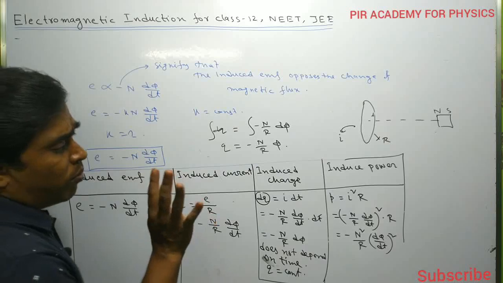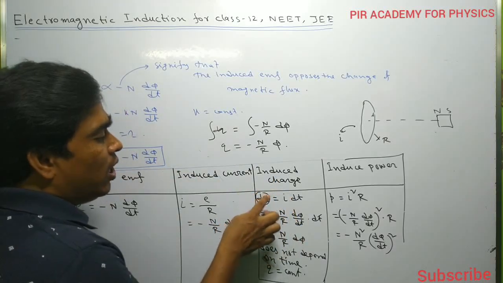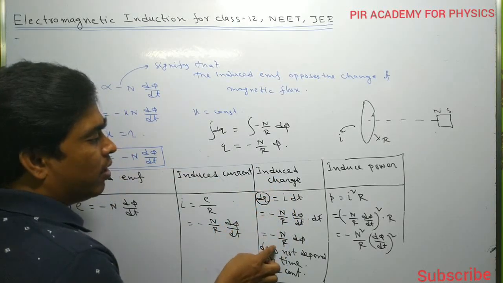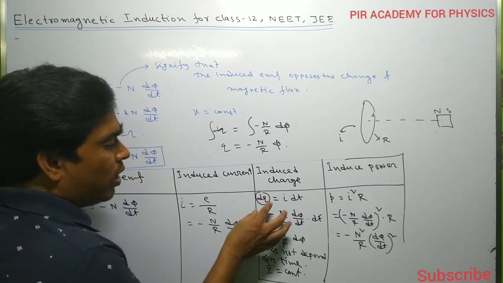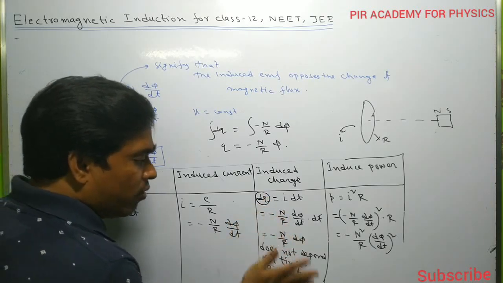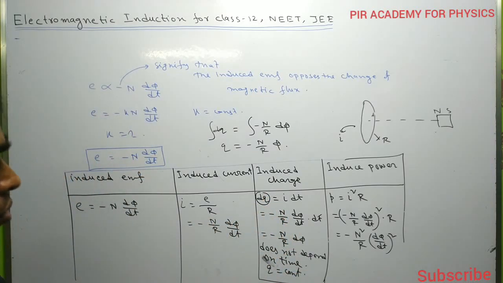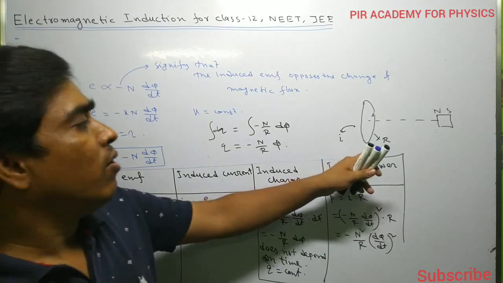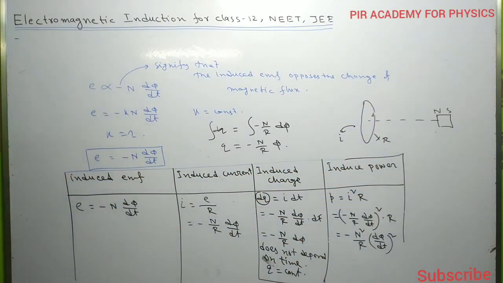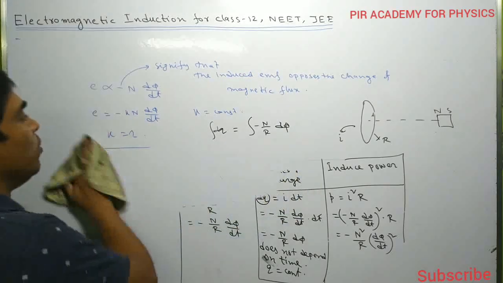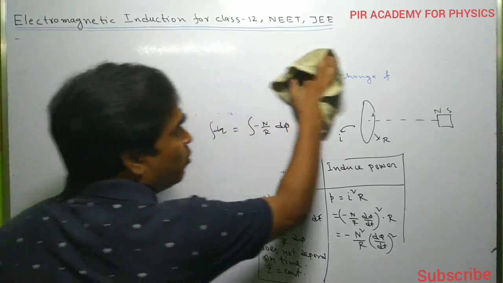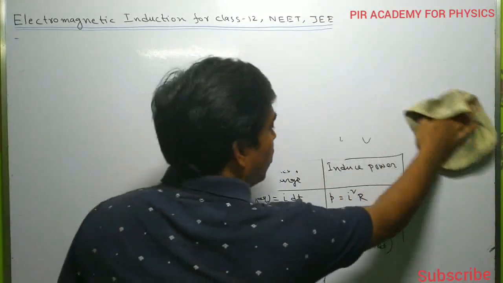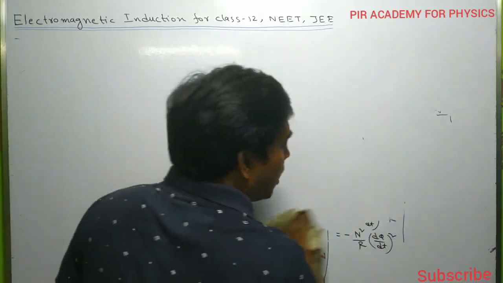Here you have to keep in mind that the total induced charge does not depend on time, and also the total charge on any loop does not depend on magnetic flux or any other quantities, because you have used the same circuit.